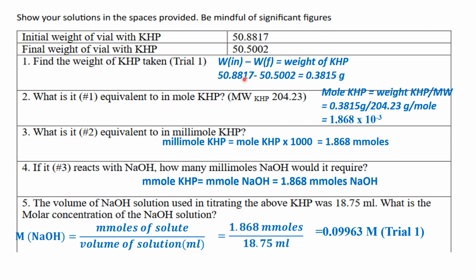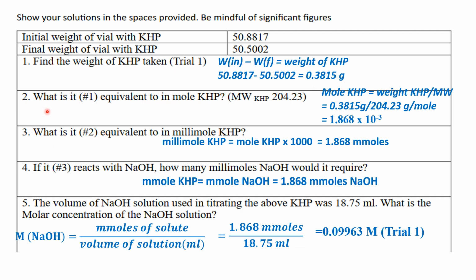Again, as I was telling you, the solution to the question is simple. So weight initial minus weight final. This is going to be the mass of KHP that was taken from the vial.